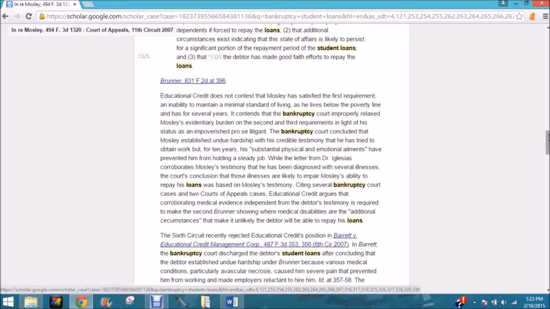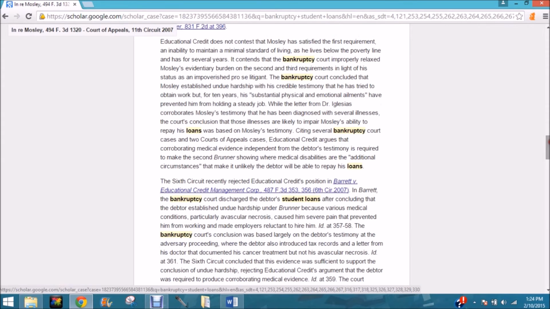Now, the critical thing about that is that medical evidence means official testimony by doctors who are expensive. You couldn't get medical evidence for under a couple of $1,000s at least, okay?